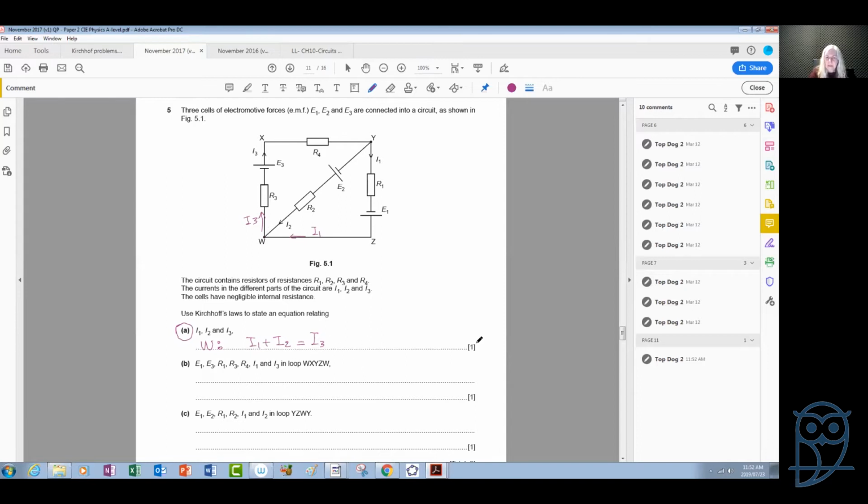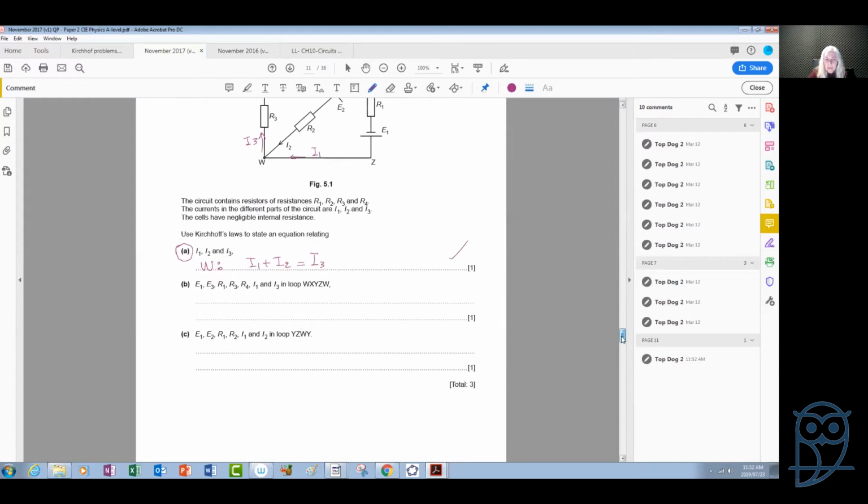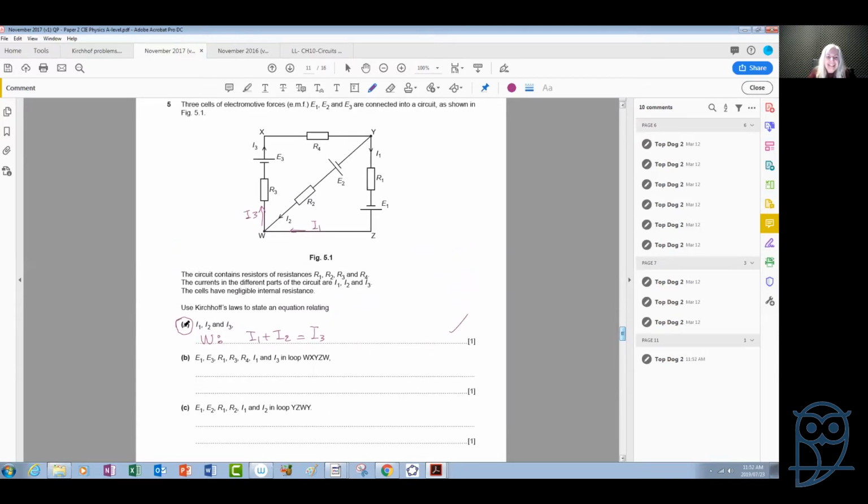Okay, so this is our first answer. We have one equation. Now, we need the diagram. Now, we need to relate E1, E3. Okay, E1, where is E1? E1 and E3, all right? So this and this, and the resistors R1, R3, R4.